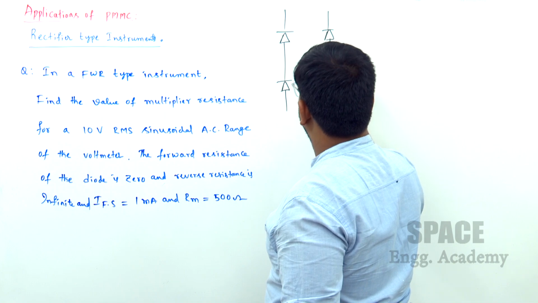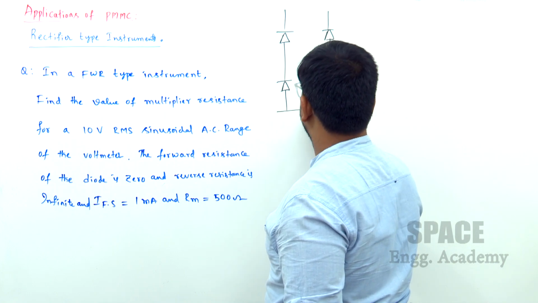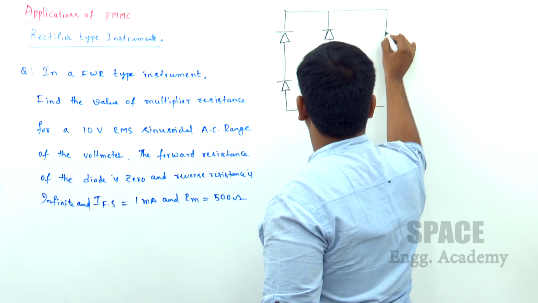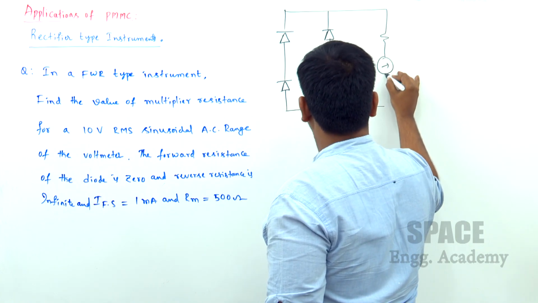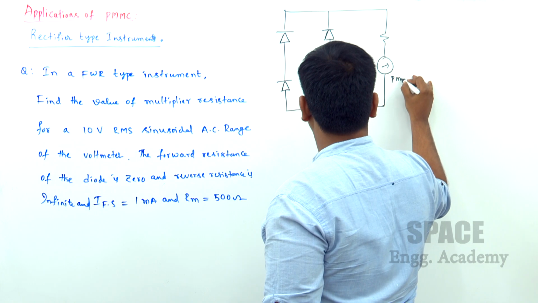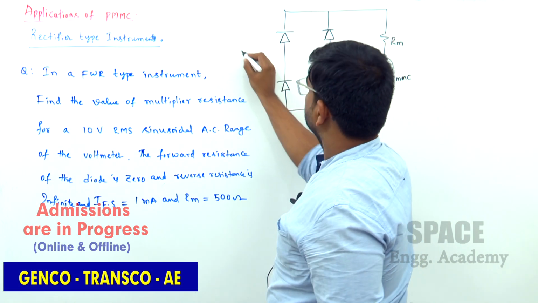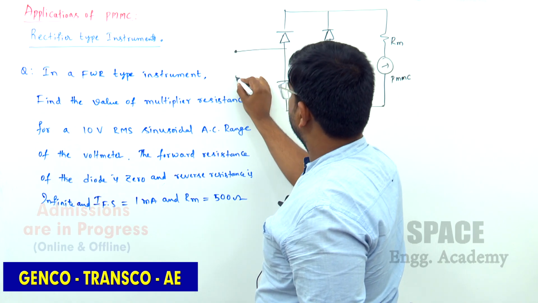Now we can impose the given data onto this diagram. Output side PMMC is there. This is RM. Excitation is given like this.